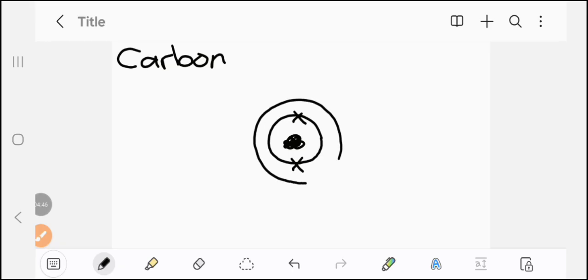Then the following shell, how many electrons does carbon have? It has got 6 electrons. So we have 2 there. That means we need 4 in the outer shell. So how you draw them is like this: 1, 2, 3, and 4. So you now have 6 electrons in your carbon atom. So this is what the carbon atom looks like.